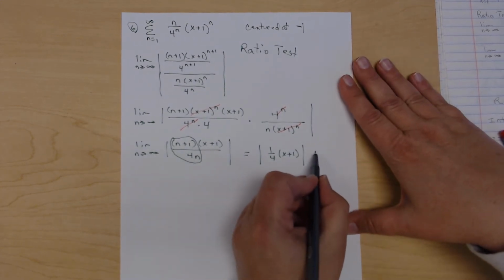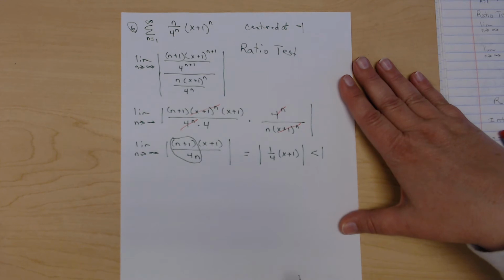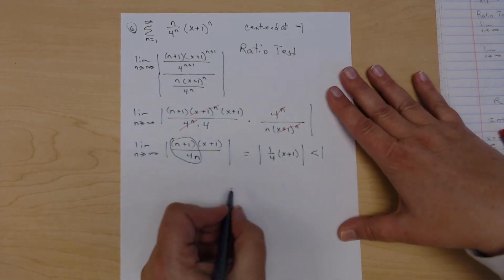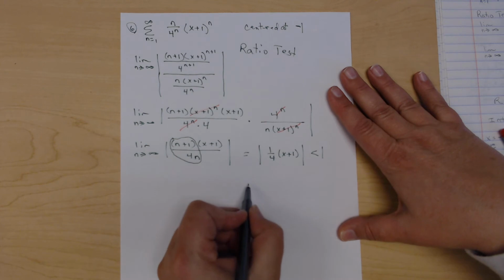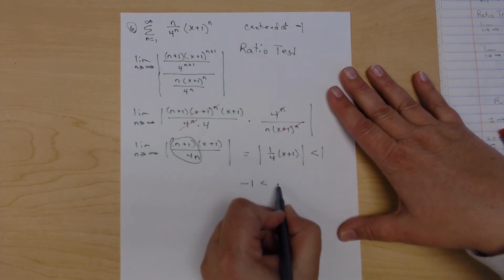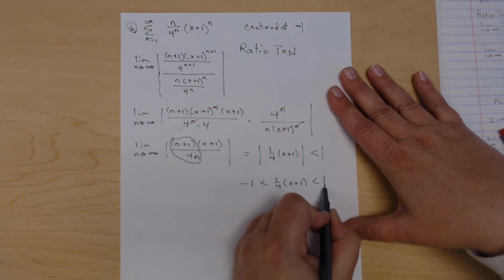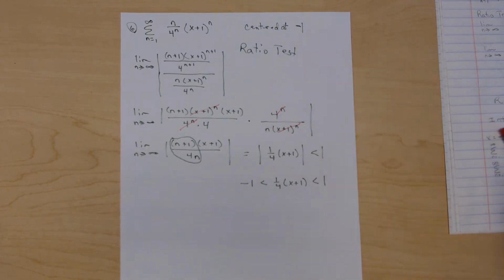Okay. And then the ratio test says this has to be less than 1. If it equals 1, we have to test those differently. Okay, so because it's less than, we can do -1 is less than 1/4 x plus 1, which is less than 1. Okay.